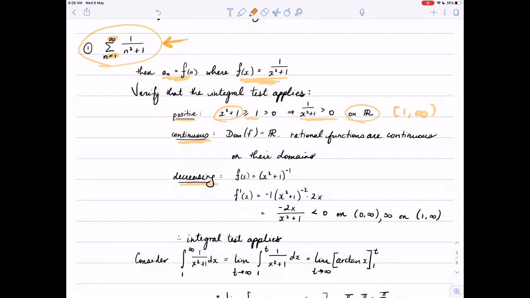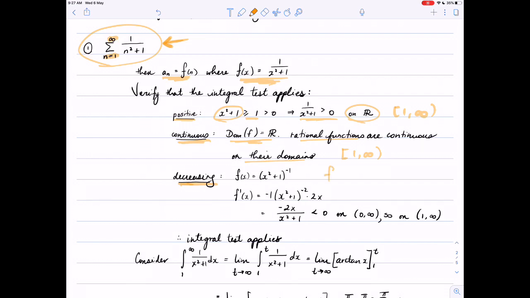Continuous. Well, the domain of this function is the reals, right? And rational functions are continuous on their domain. So it is continuous on R, and therefore continuous on 1 to infinity. And decreasing. Well, we have a fantastic test for decreasing functions from calculus 1.